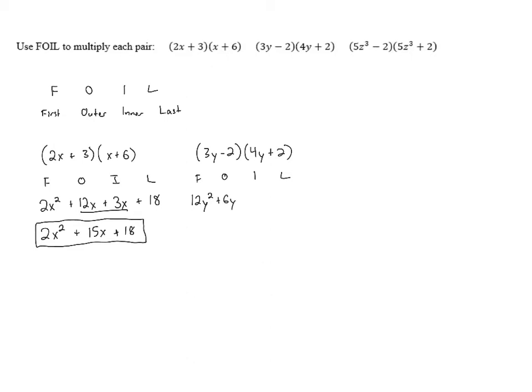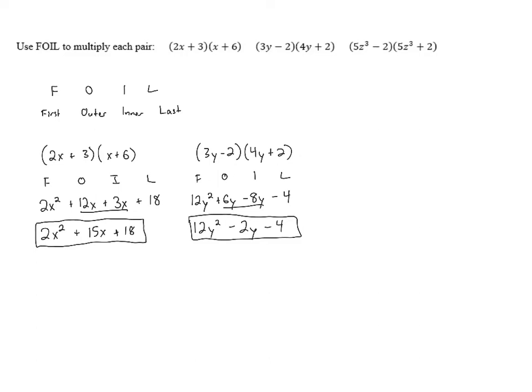The inner terms gives us negative 2 times 4y, which is negative 8y. And the last terms are going to be negative 2 times 2, which gives us negative 4. And again, we have some like terms that can be combined. So when we do that, we've got 12y squared minus 2y minus 4, and that is our final answer.